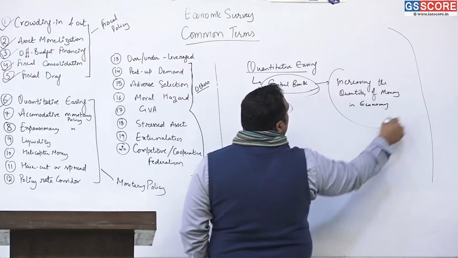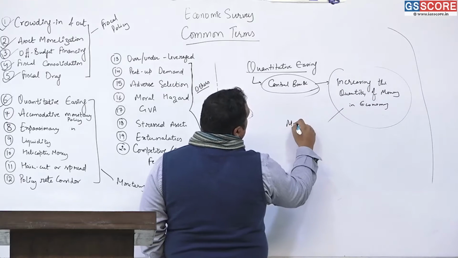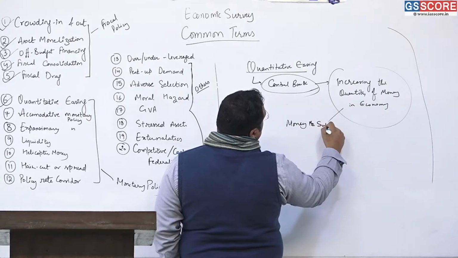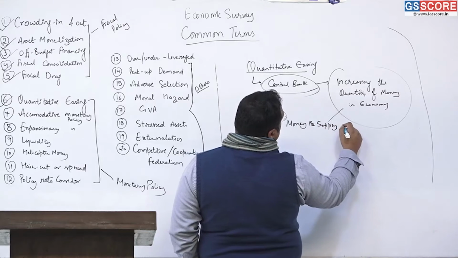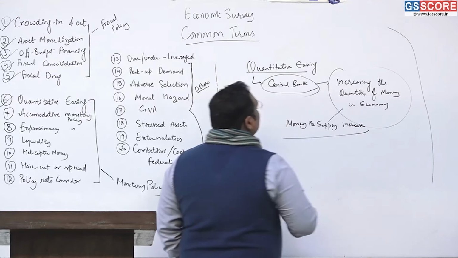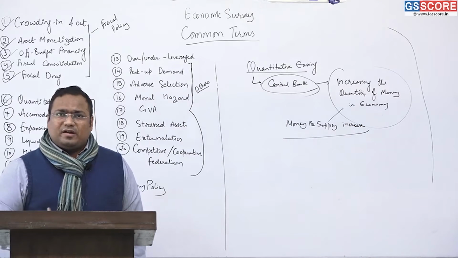In other words, money supply increases. Money supply increase is called quantitative easing.